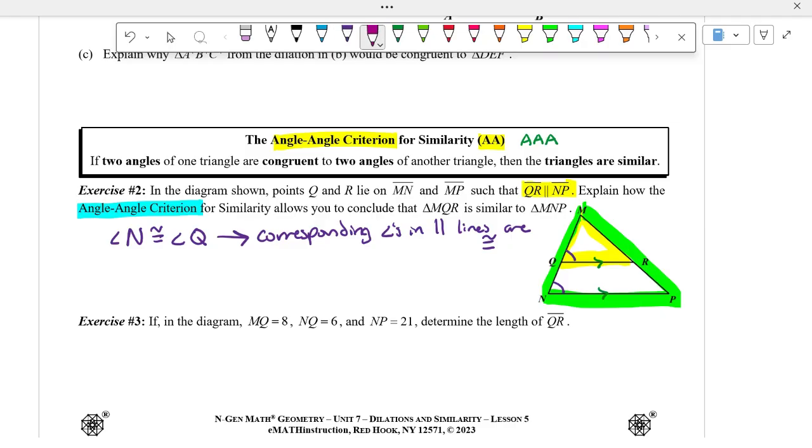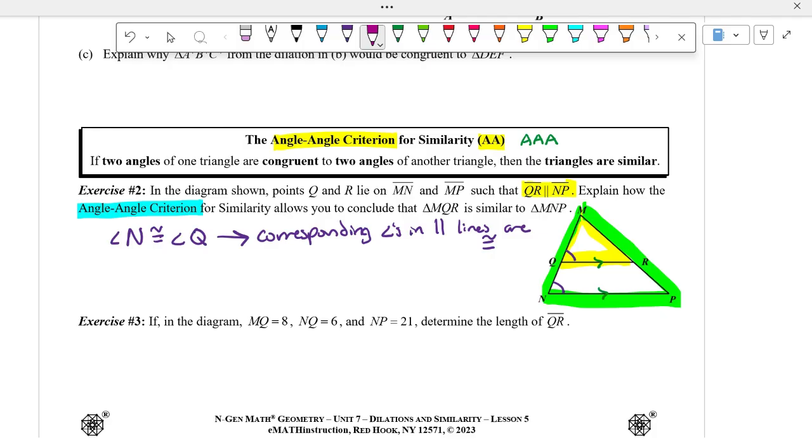What's another set of congruent angles? Someone who has not talked yet today. It's another set of congruent angles that we can for a fact say is congruent. Come on, guys. What'd you say?